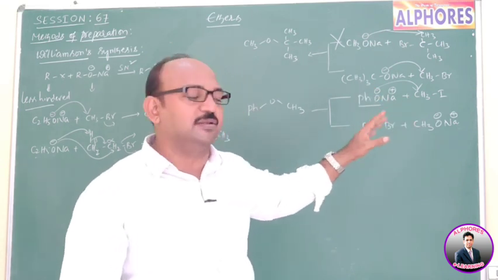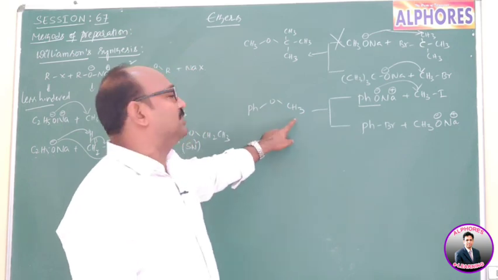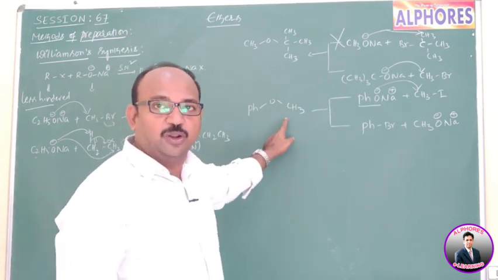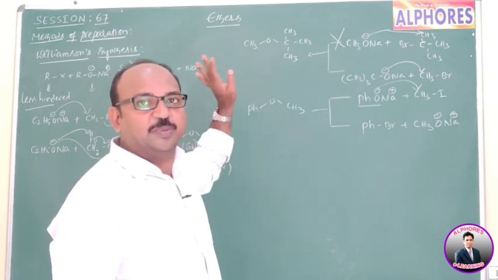There is no beta carbon. That's why here you may get the maximum amount of product, anisole, meaning phenyl methyl ether or methoxybenzene, as the major product.